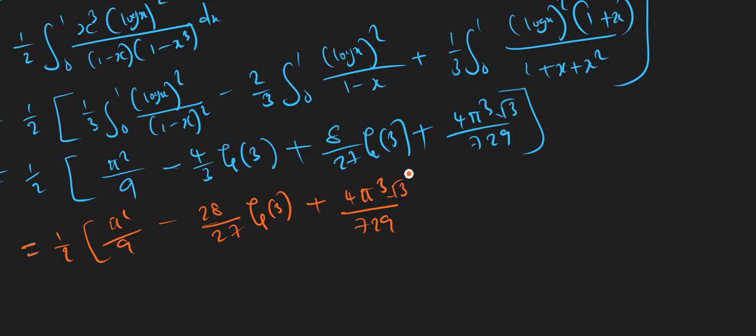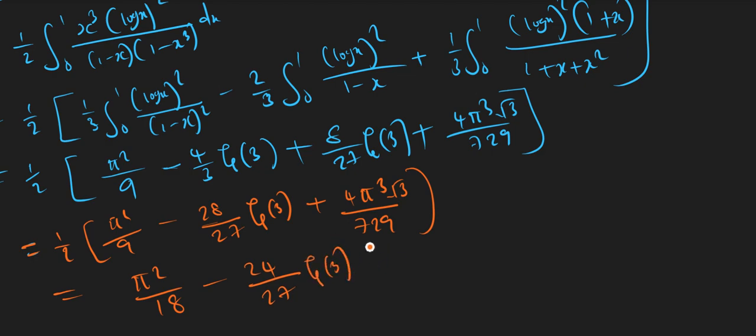So if you multiply everything by half, you get pi squared over 18 minus 14 over 27 zeta of 3, and then plus 2 pi cubed square root of 3 over 729. Now notice that of course zeta of 2 is pi squared over 6.